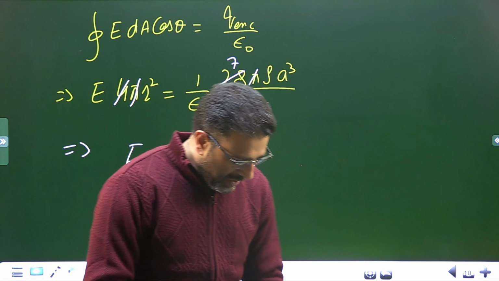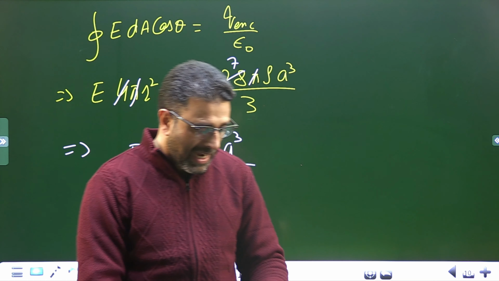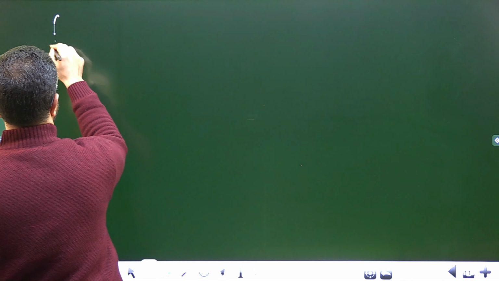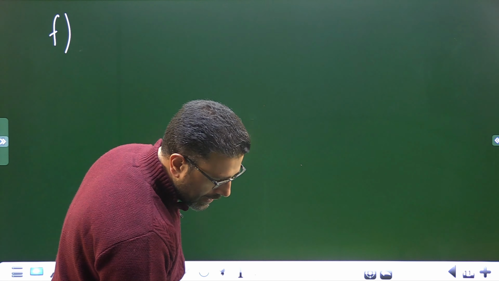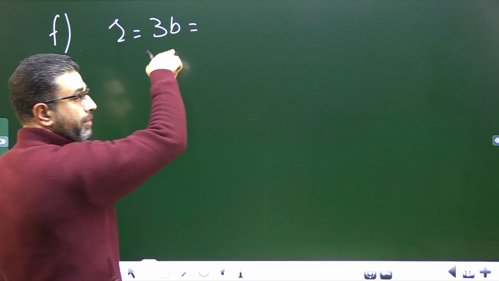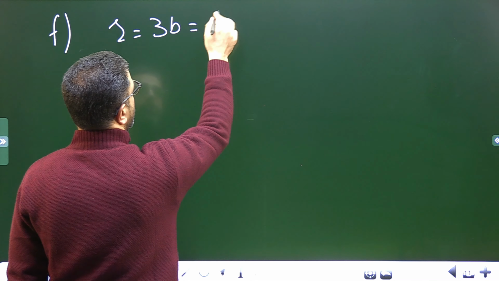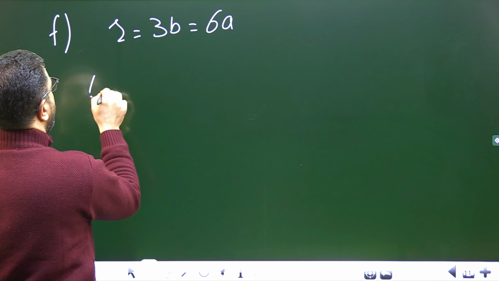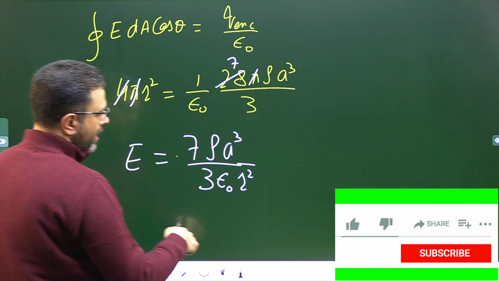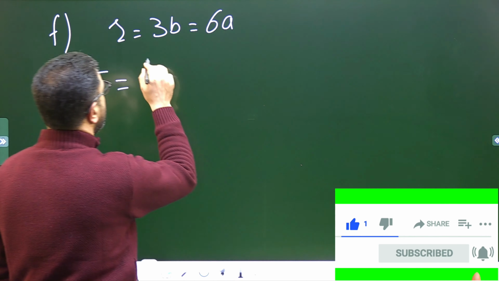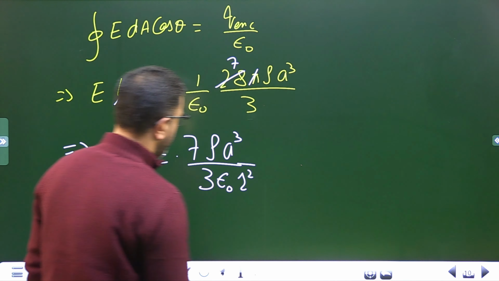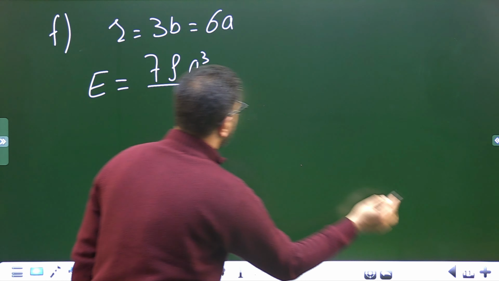Now we have to find the field at 3 times b. So this is part F, at r equal to 3 times b. Remember, b is twice a, so 3 into 2 is 6, 6 times a. Field is 7 rho a cube divided by 3 epsilon 0 r squared.